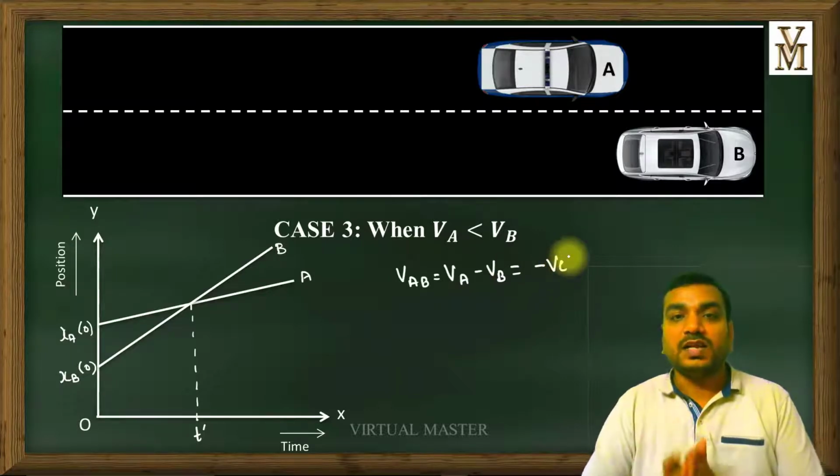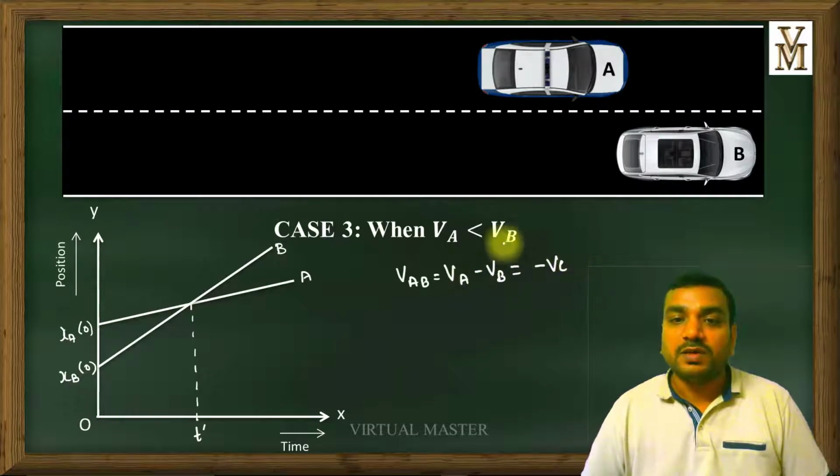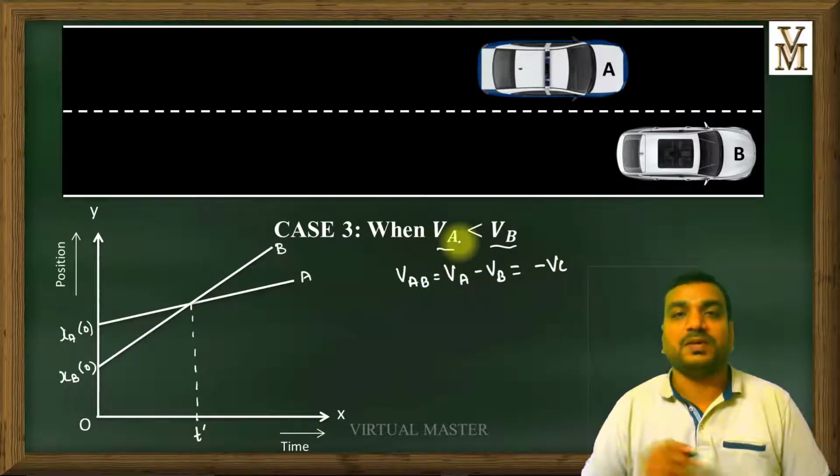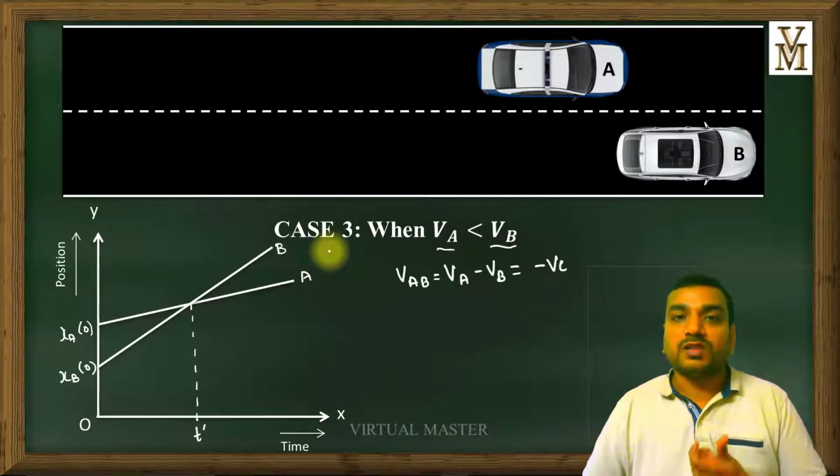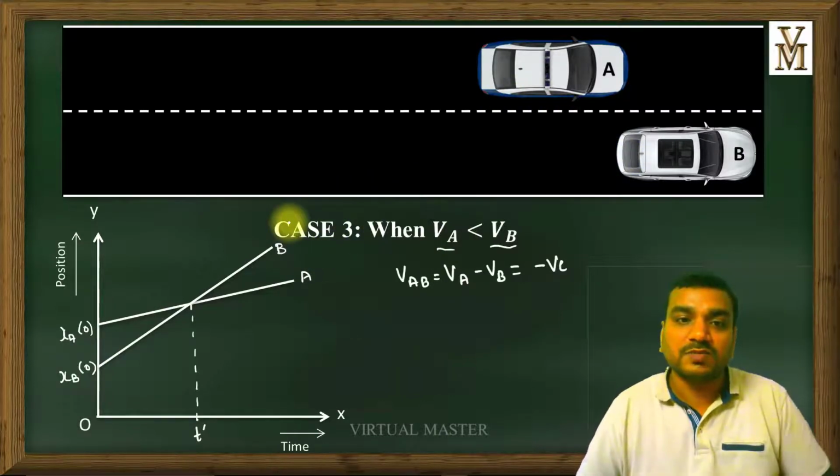Why? Because VB is greater than VA. And if we plot the position time graph of car A and car B, then we are going to get a curve similar to the one shown in the diagram.